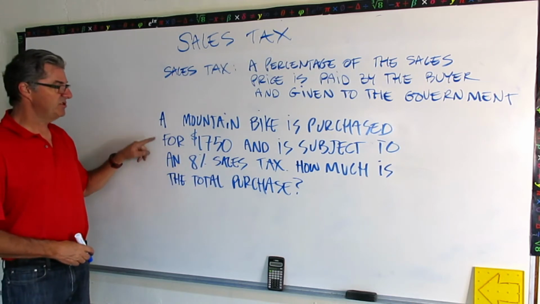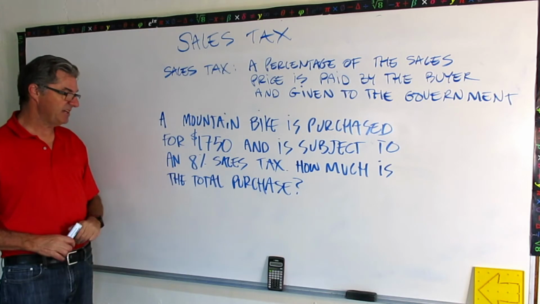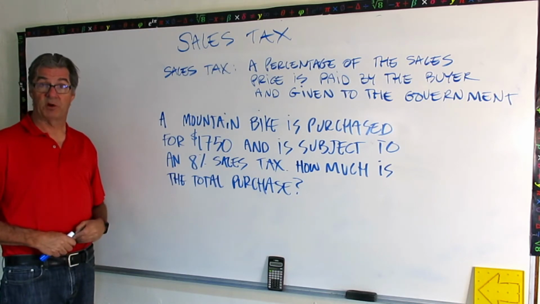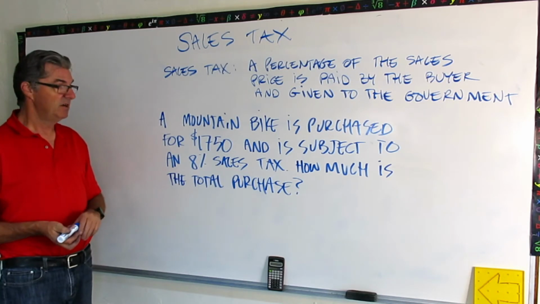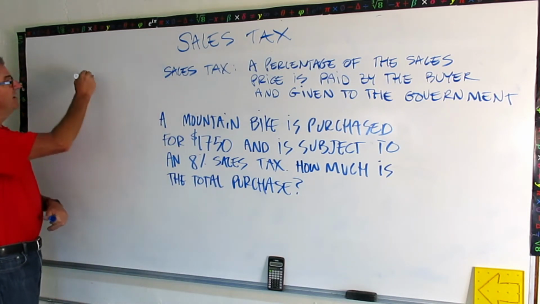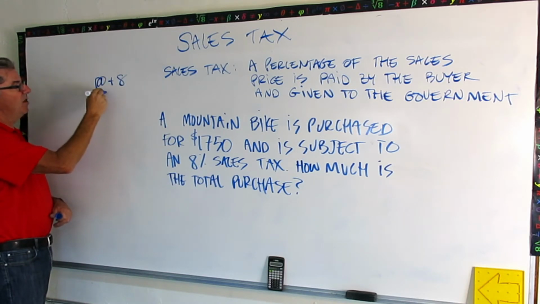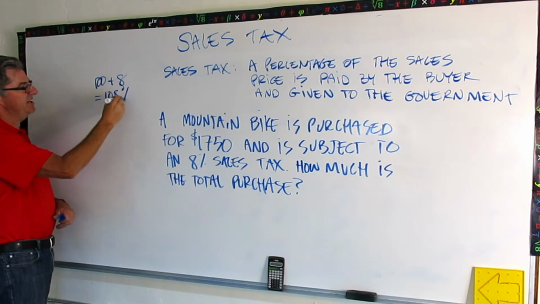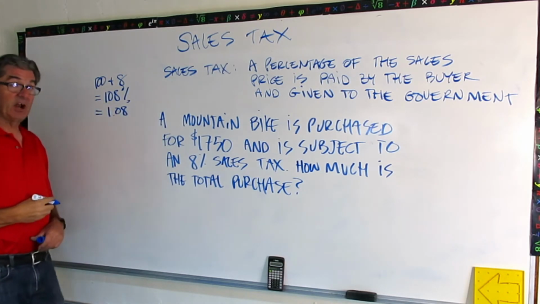A mountain bike is purchased for $1,750 and is subject to an 8% sales tax. How much is the total purchase? Our first thing is we need to figure out our multiplier. Our multiplier is 100 plus 8, so that's 108%, which is 1.08. That's our multiplier.